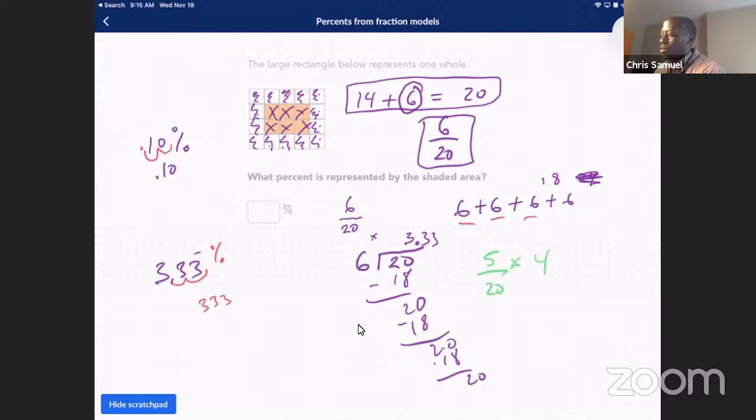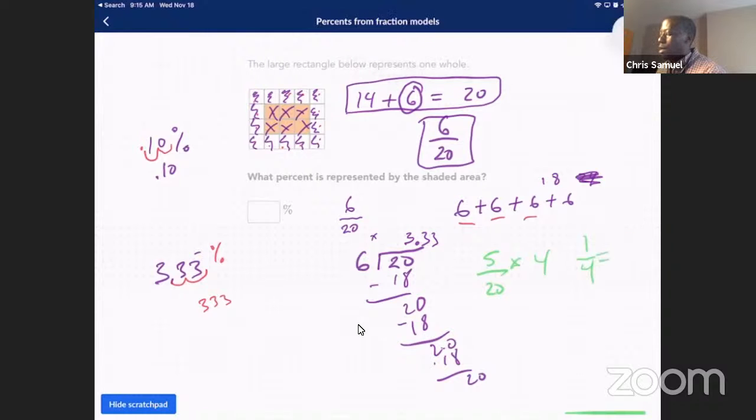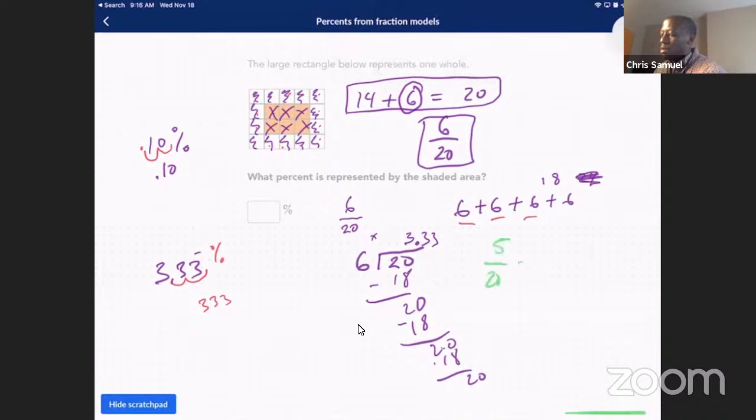So that would mean this would be 1/4 the size, and that would also mean it would be 25%, because that's how much we would have if we had 5 over 20, which is pretty much 1/4, which is also 25%.